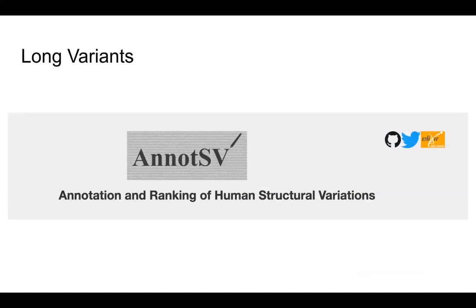Structural variants, I mentioned that we're doing this thing with Baylor, something that I think is very interesting and very related to human disease. One thing that's really crucial with structural variants, if you remember anything about them from the talk today, is that it's very hard to overlay long structural variants.